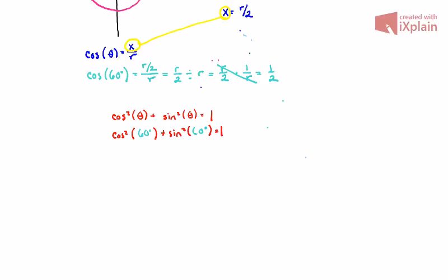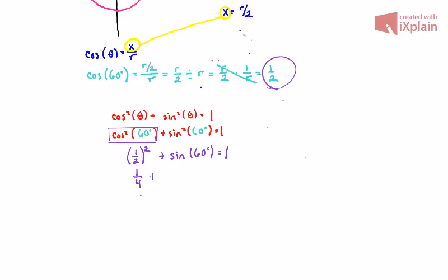Instead of working with the generic theta, I'm going to explicitly find out what the sine of 60 degrees is. So we'll continue to make some modifications. I know that the cosine of 60 degrees is the same thing as 1/2. So instead of cosine of 60 degrees squared, I'm going to do (1/2) squared plus the sine squared of 60 degrees is equal to 1.